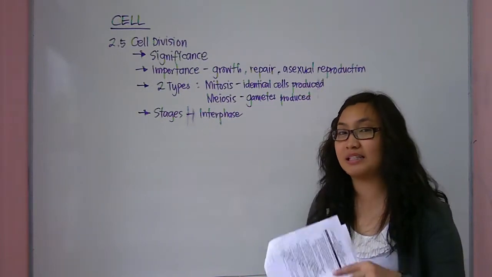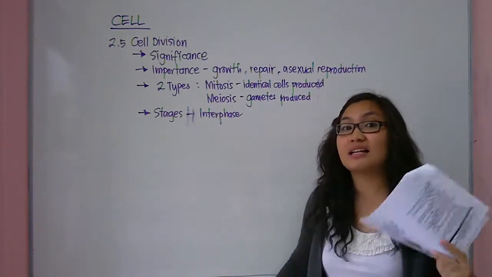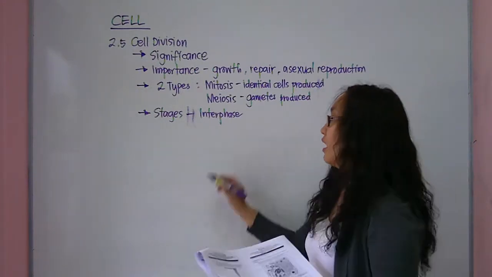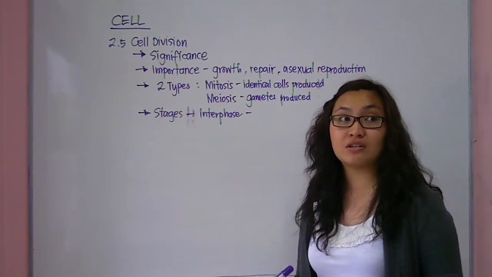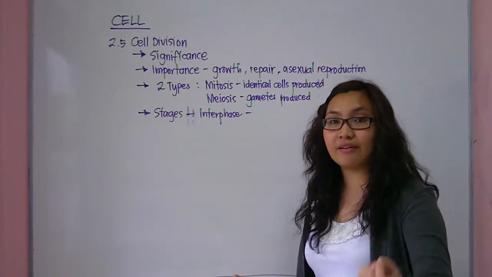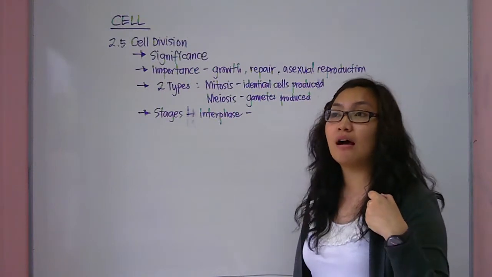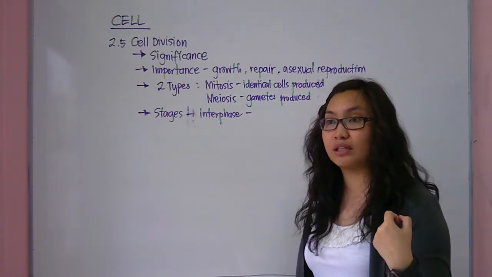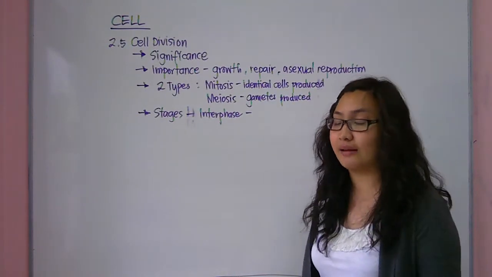It only seems that the cell is resting, but in this stage the cell is most active, because the cell is undergoing very active biochemical reactions. So the cell can undergo protein synthesis, depending on what the cell needs.